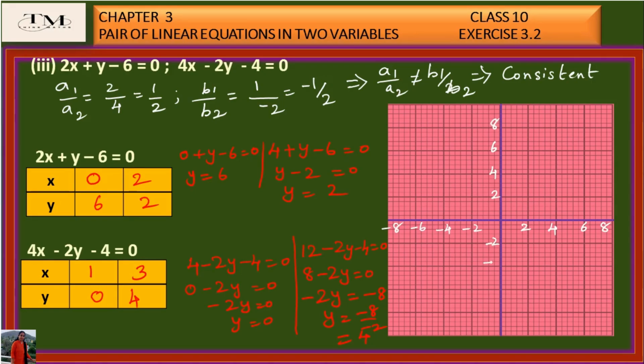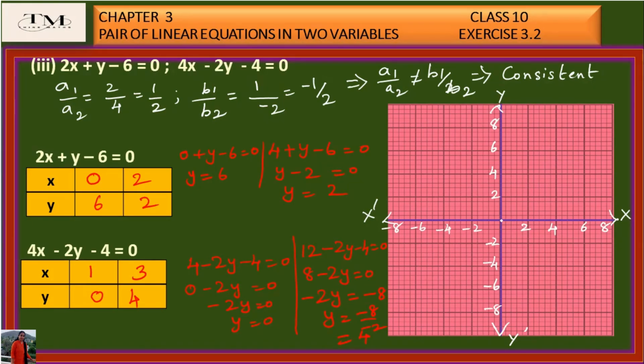Negative y, minus 2, minus 4, minus 6, minus 8. Y dash, and this is y, and this is x, and this is x dash.